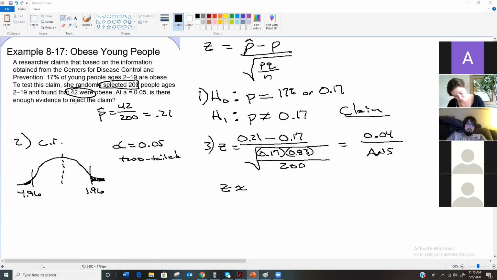You should be getting 1.51. Is that what you guys are getting? I'm still calculating. Let's see if I can pull my calculator up. I have a calculator here on my screen.